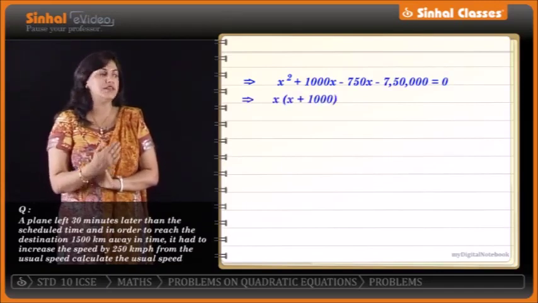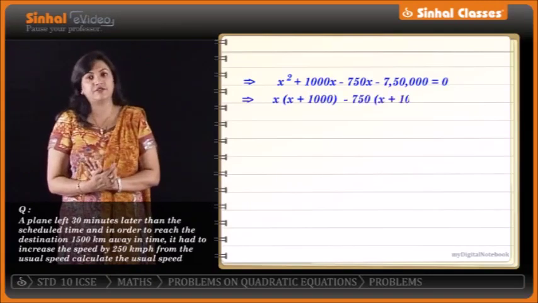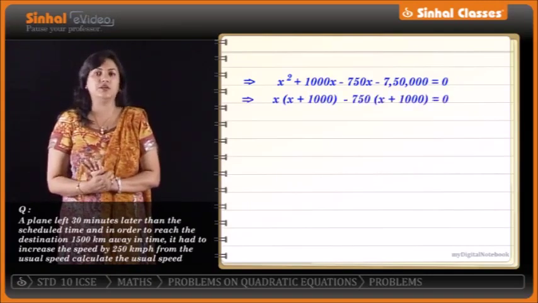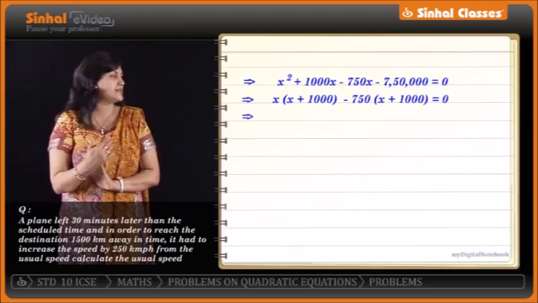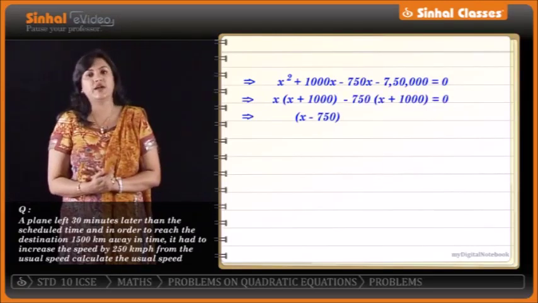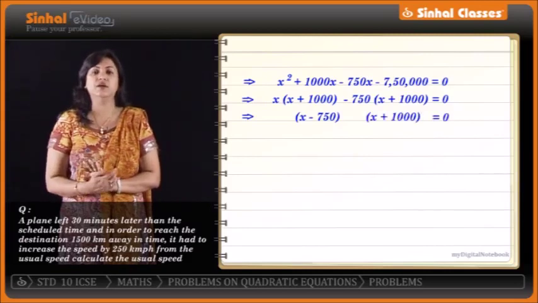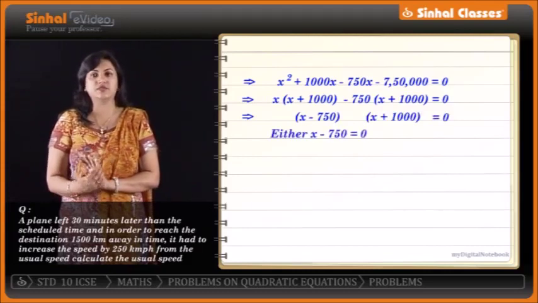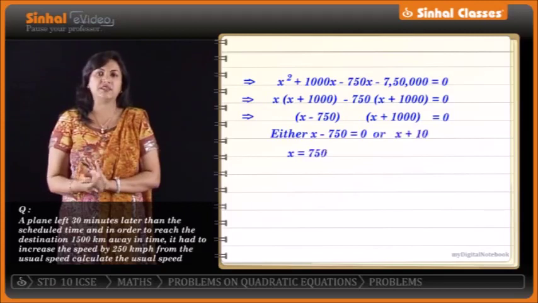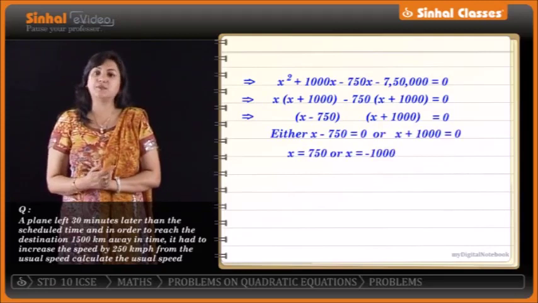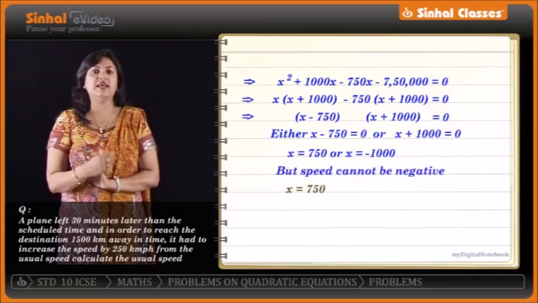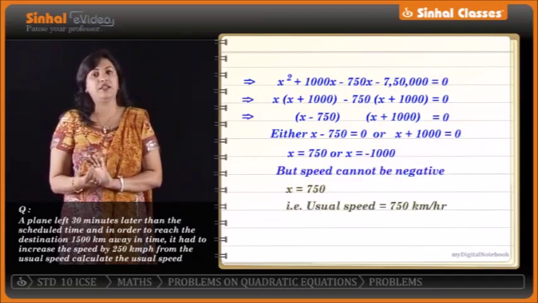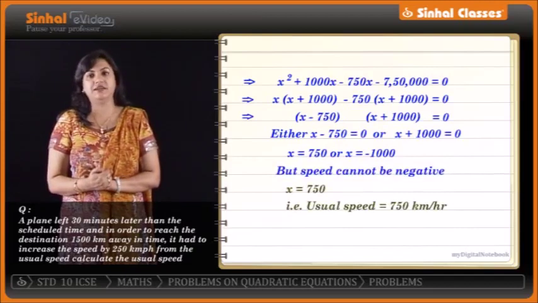From the last two terms, minus 750 common, left with x plus 1000 is equal to 0. So we write this as x minus 750 into x plus 1000 is equal to 0. Either x minus 750 is 0, that is x is equal to 750, or x plus 1000 is 0, that is x is equal to minus 1000. But speed cannot be negative, so x is equal to 750, that is the usual speed of the plane is 750 km per hour.